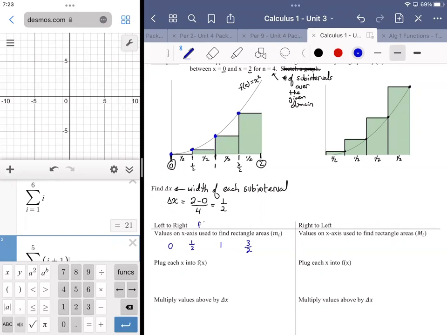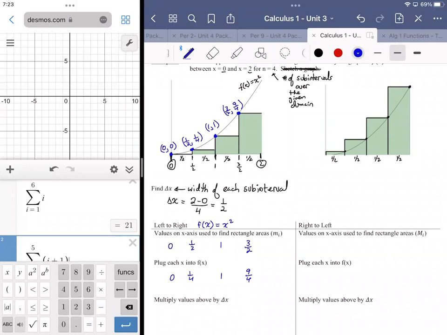I'll make a note of that here. I would get 0, 1/4, 1, and 9/4. What that's telling me is that my coordinates are 0, 0; 1/2, 1/4; 1, 1; 3/2, 9/4.